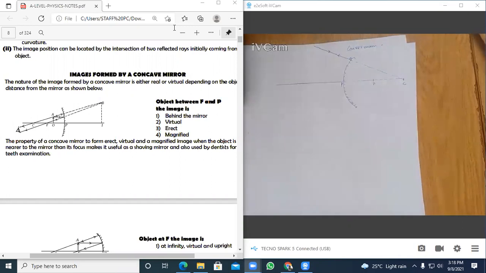We also have concave mirrors in torches. Torches have got concave mirrors inside, so you should know that. Then convex mirrors are used as car side mirrors. Those car side mirrors have convex mirrors.